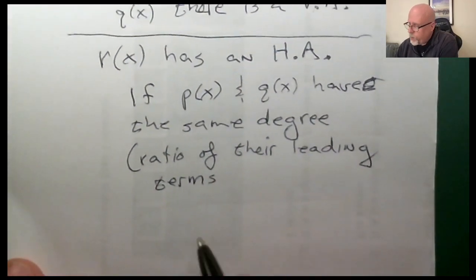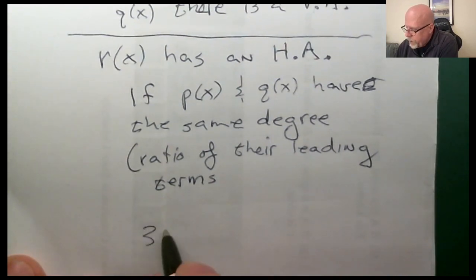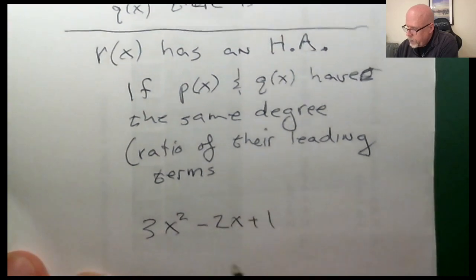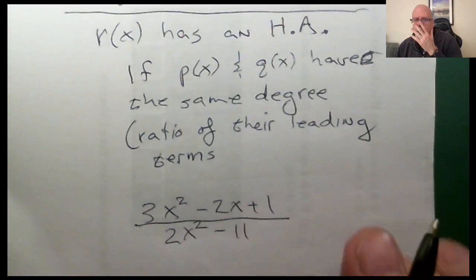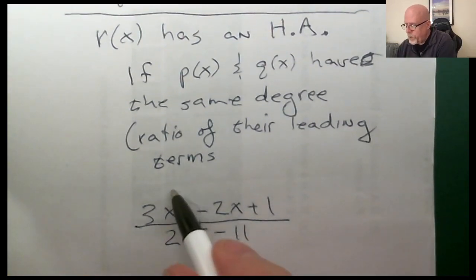Just as an example, I'll try to draft this in Desmos too, but suppose we had 3x squared minus 2x plus 1 divided by 2x squared minus 11. Well, if we went and did that, I would just say, look, they're both degree 2 things.